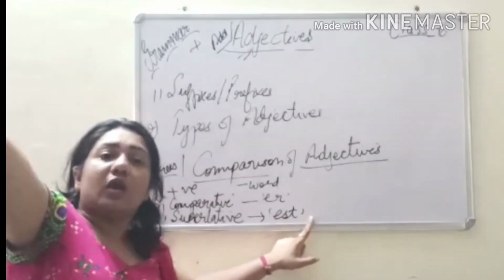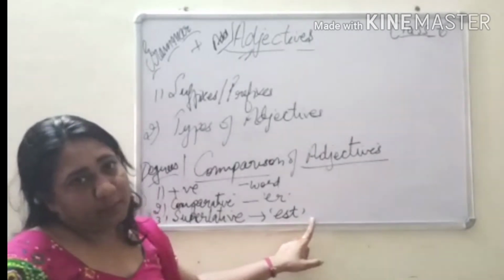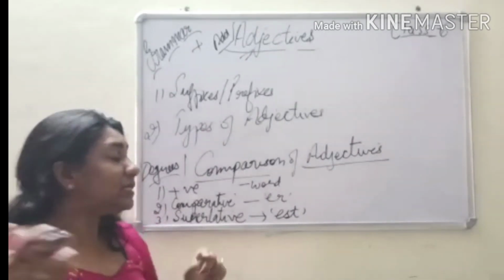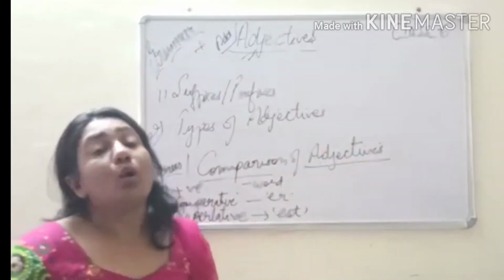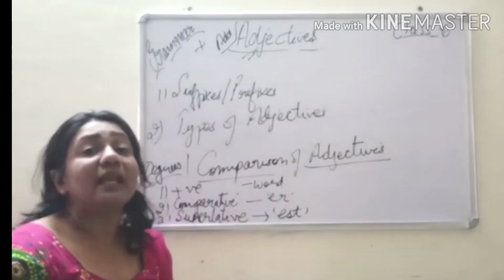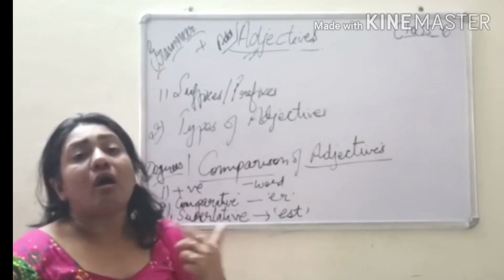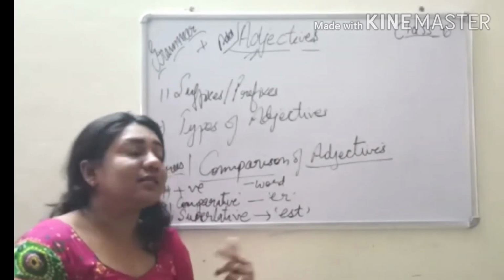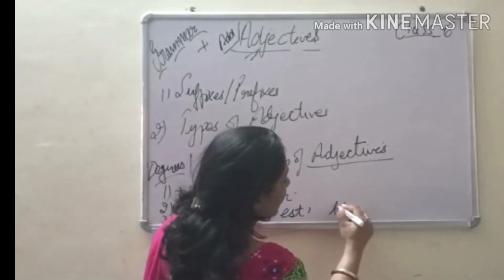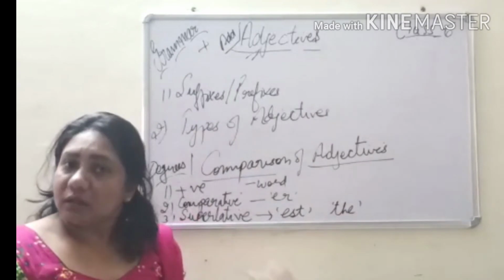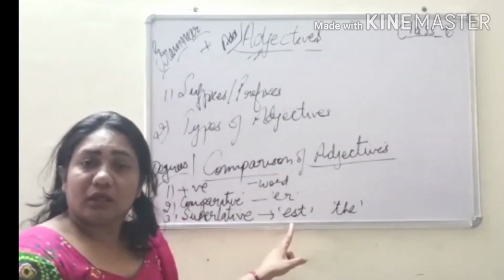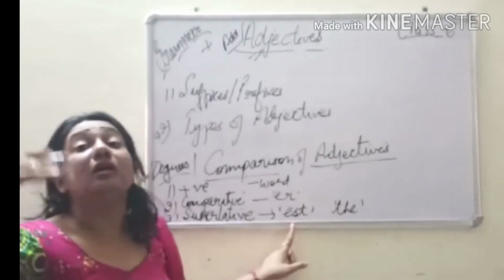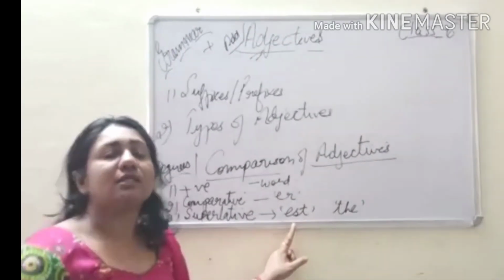I am the tallest of all in my class. So this means I am comparing amongst all the students of my class, and I am tall amongst them. I am the tallest, and it also takes the word the. The article the is used before the adjective, the tallest, the strongest.